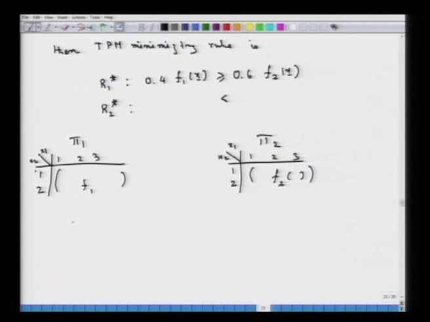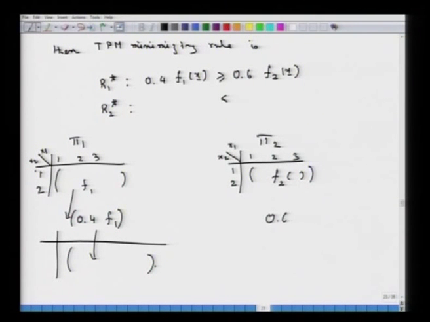Now, from here, if this is the F1 F2 table, what we will obtain is 0.4 times the F1 table, which would be derived from this particular F1 table. So, each of the cell probabilities would now be multiplied by 0.4, and we will have these entries coming here, and similarly here what we require is 0.6 times F2 quantities, and then we will have the corresponding table, because F2 values are the values that we had previously.